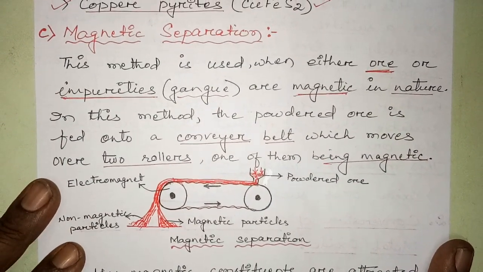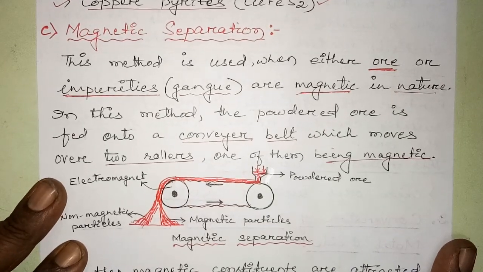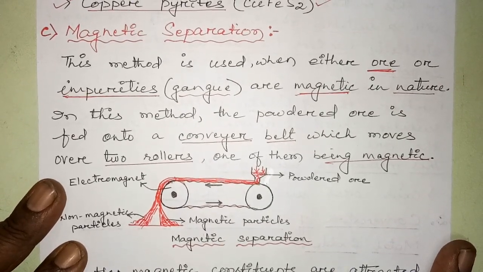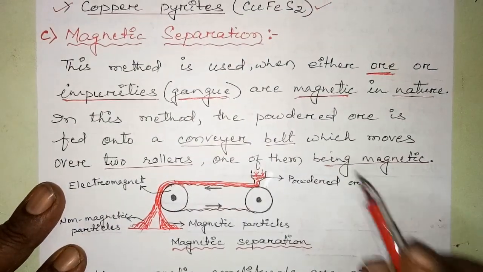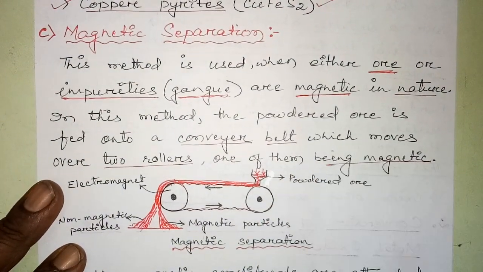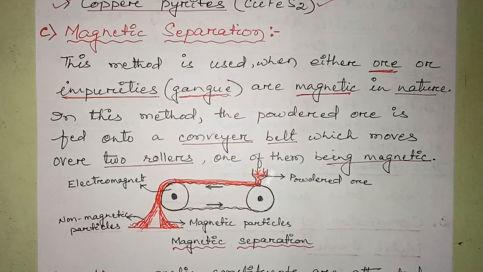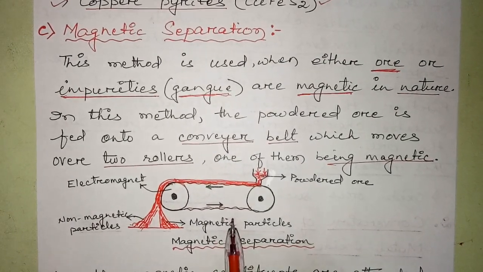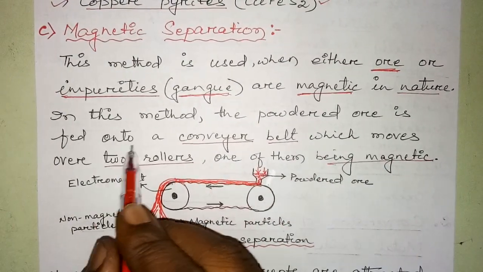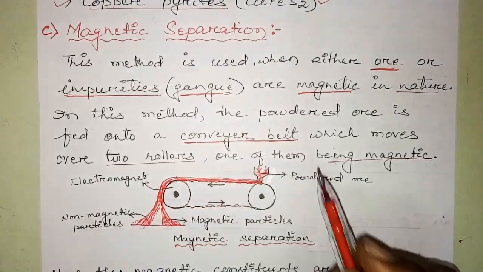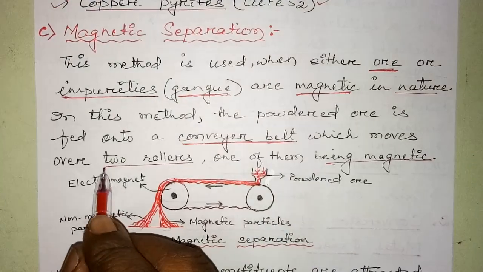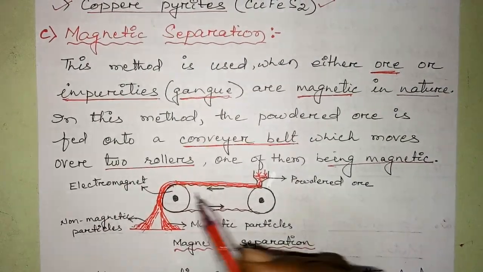What is this method? This method is used when either the ore or the impurities like gangue are magnetic in nature. Either ore or gangue is magnetic in nature. In this method, the powdered ore is fed onto a conveyor belt, which moves over two rollers.